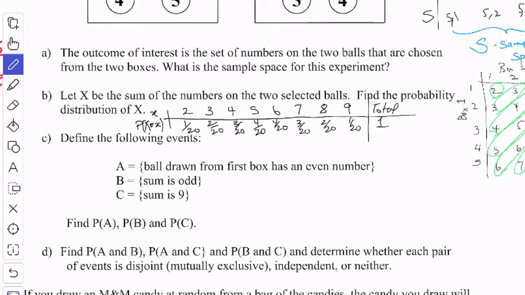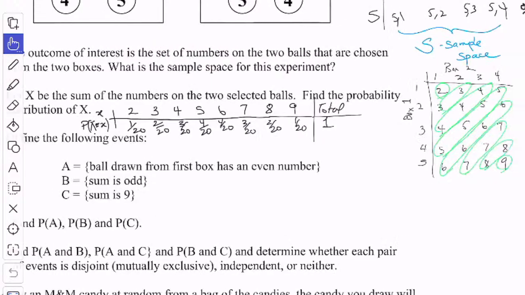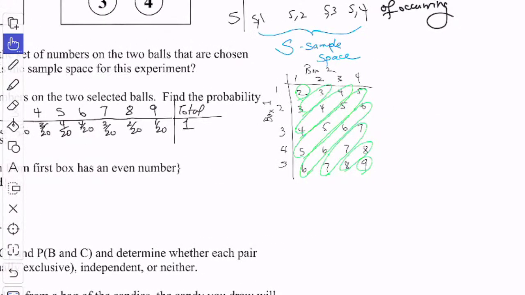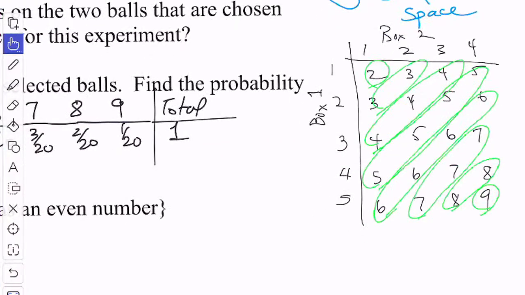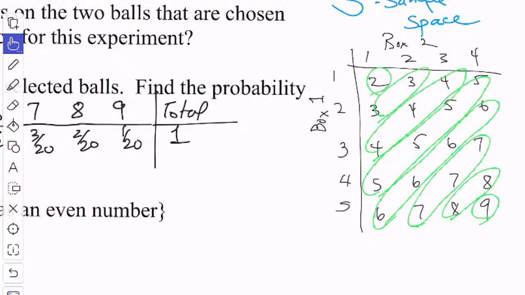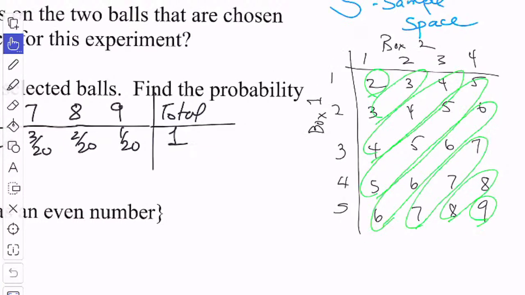All right, let's see. Ball drawn from the first box has an even number. So what I'm going to do is I'm going to appeal to this drawing here. I'm going to redraw it.